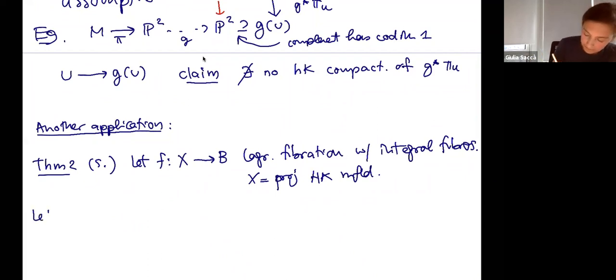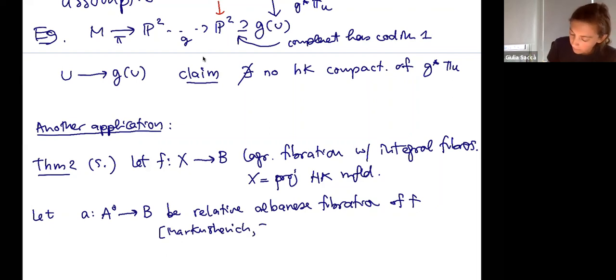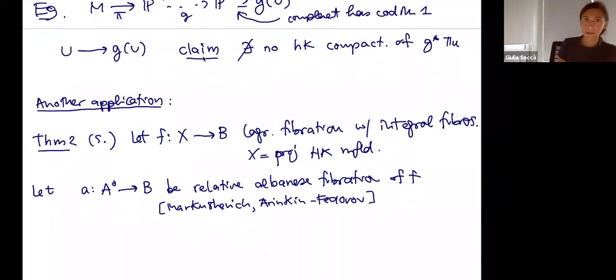Okay, and let A0 to B be the relative Albanese fibration of f. This exists by a result of Markushevich and Arinkin-Fedorov. I'm going to say what it is in a second.